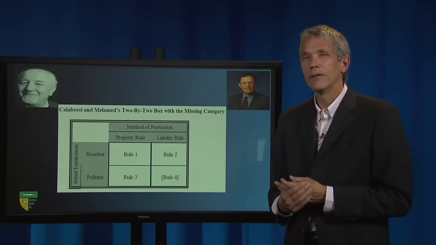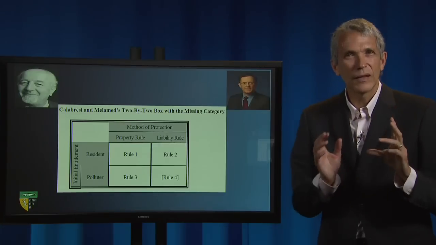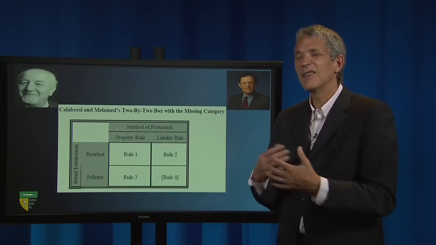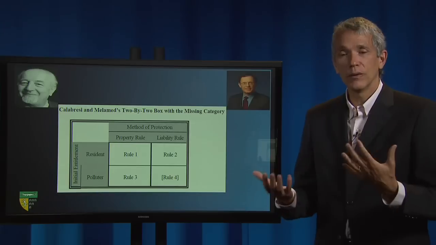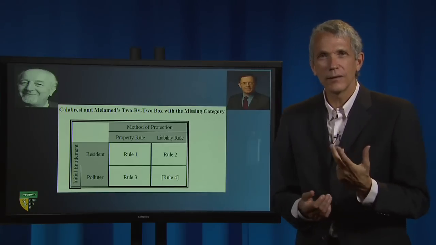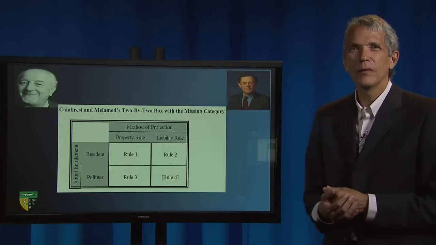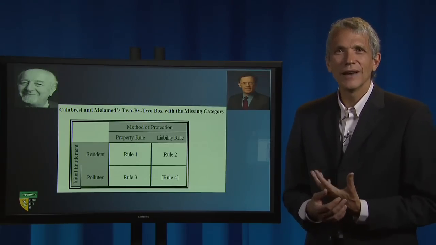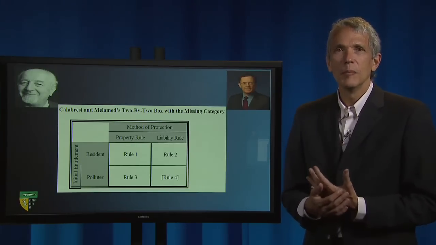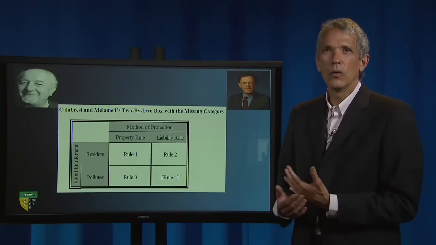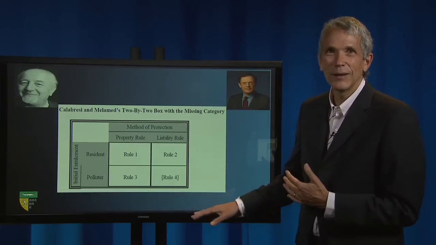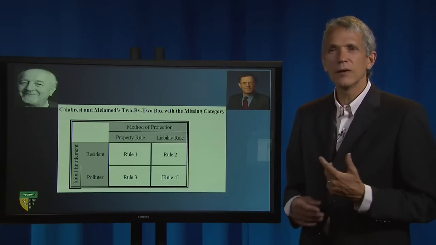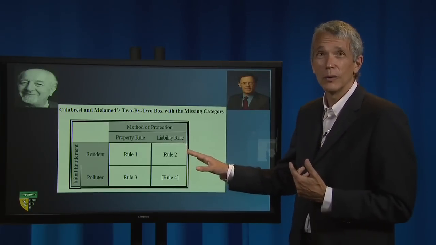Back to Calabresi and Melamed, and this is the key moment where they used this 2x2 box as a tool to see a new rule. And this is what they said. "The very statement of these rules in the context of our framework suggests that something is missing. Missing is a 4th rule, representing an entitlement in Tawny to pollute, but an entitlement which is protected only by a liability rule.